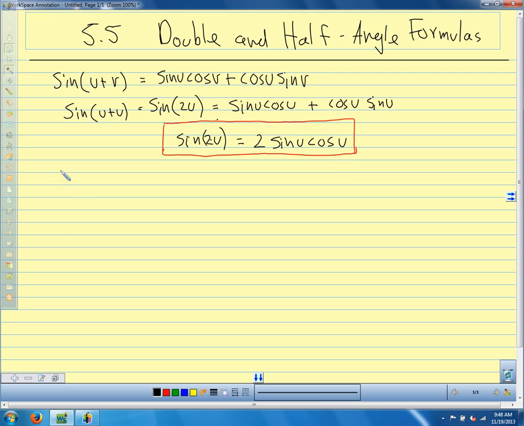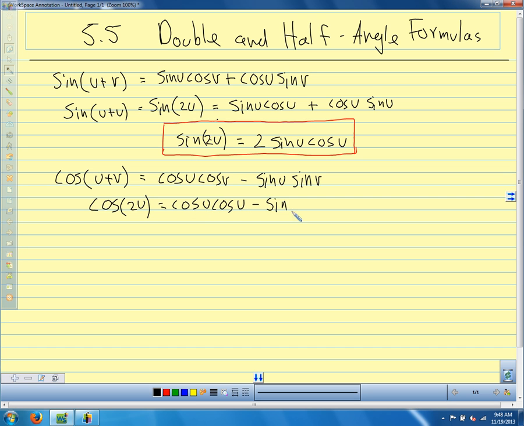All right, let's write our cosine sum formula. Cosine of u plus v is cosine u cosine v minus sine u sine v, and we'll write cosine 2u is cosine u cosine u minus sine u sine u.